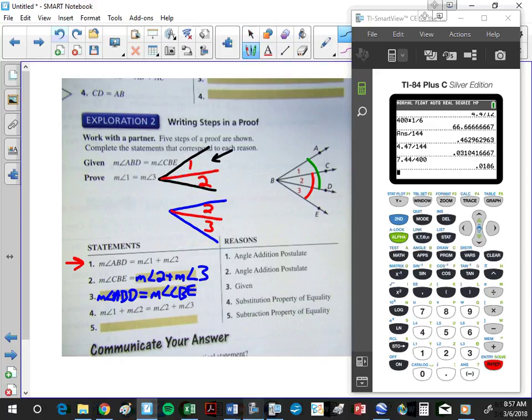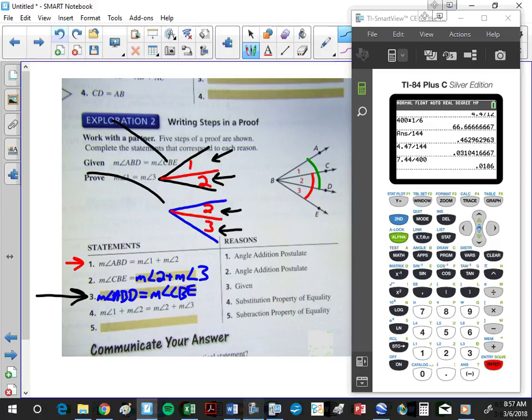So if we look here, 1 plus 2 is just as big as 2 plus 3 because our given says that the black angle and the blue angle are the same size. So the black angle is created using 1 plus 2, and the blue angle is created using 2 plus 3.